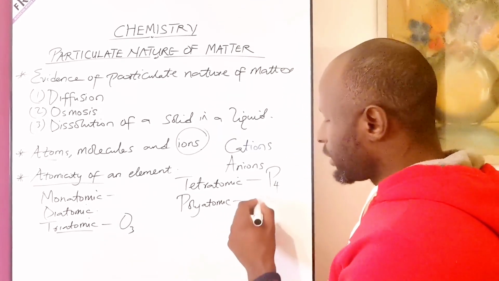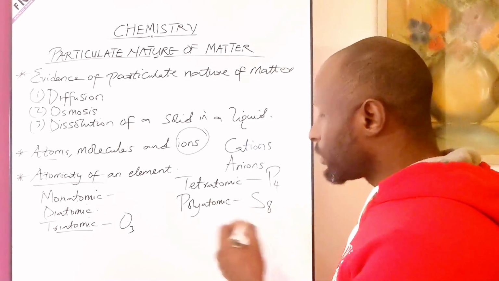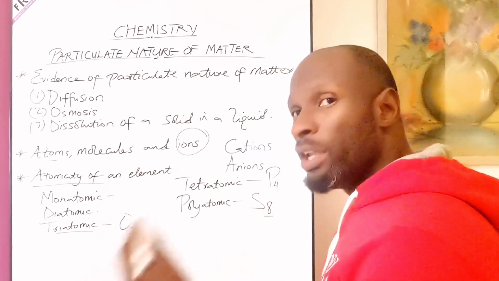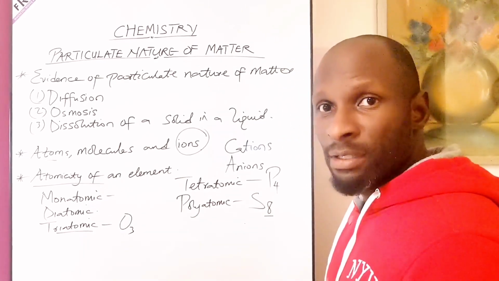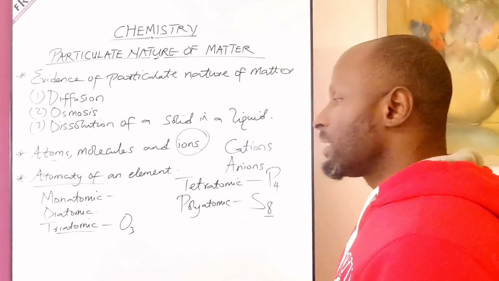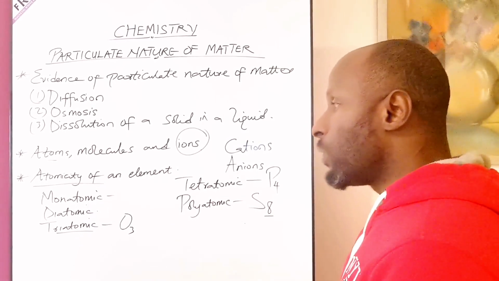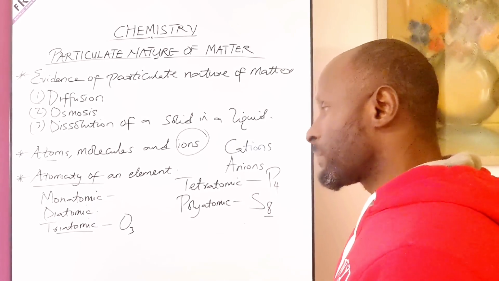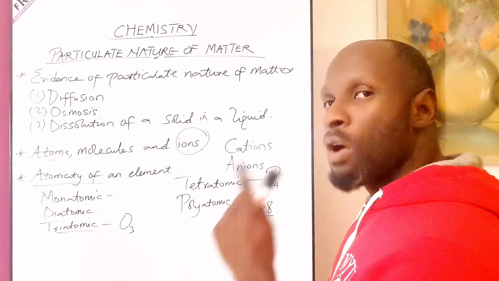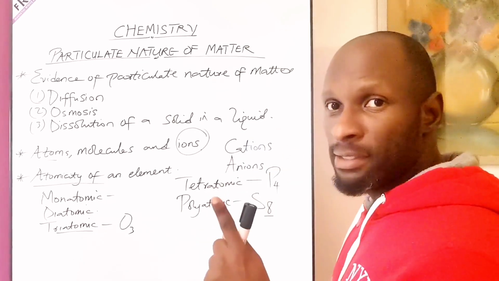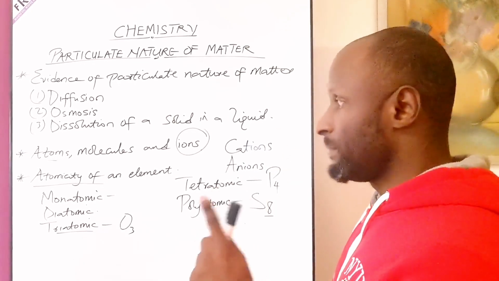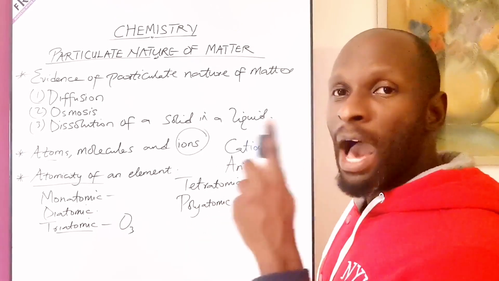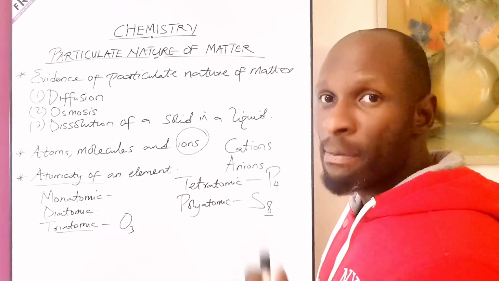Then polyatomic, your sulfur is polyatomic. 8 atoms make up a molecule. Okay? So when we talk about atomicity, like I said, we are talking about how many atoms of that element make up one molecule of that same element. How many atoms of that element make up a molecule of that element?